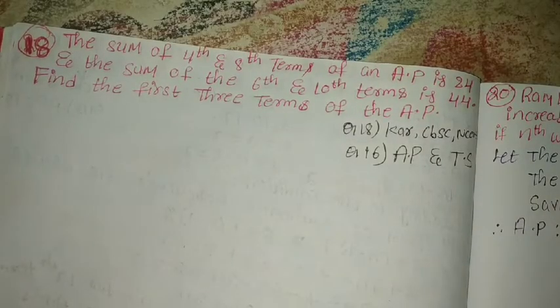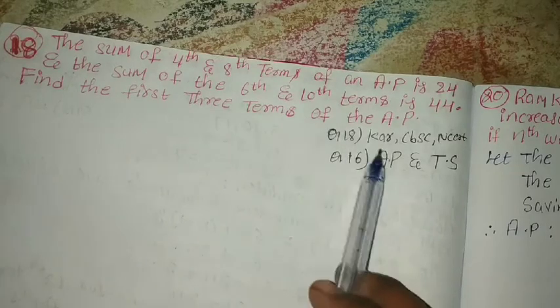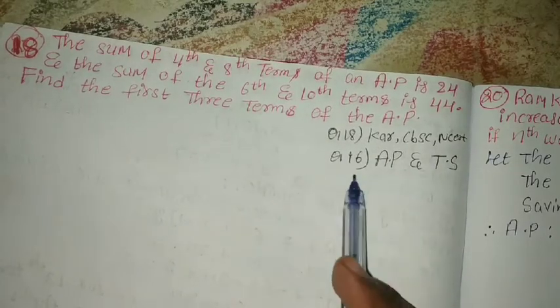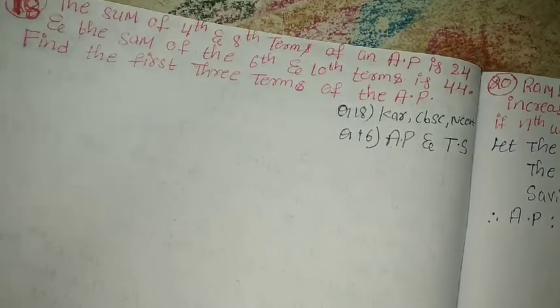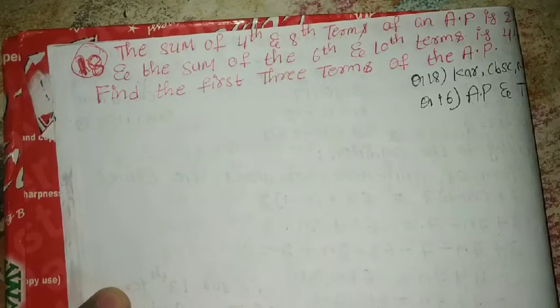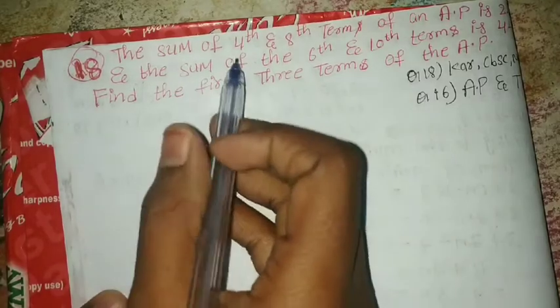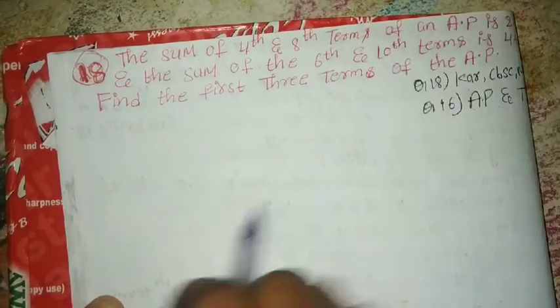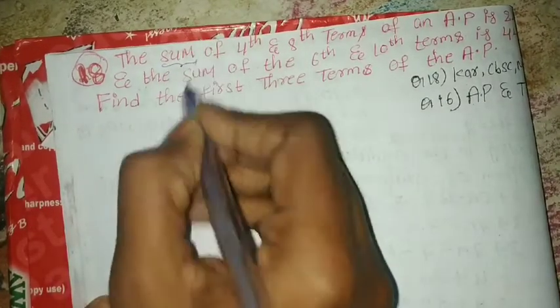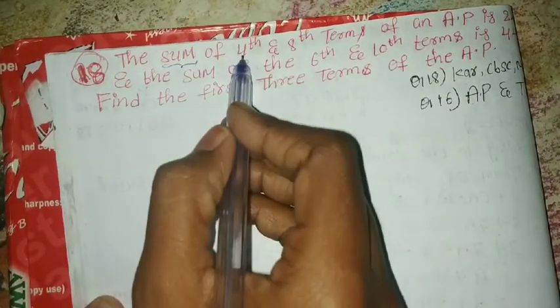This is the 18th question for Karnataka and CBSE NCERT, but question number 16 for Andhra Pradesh and Telangana state students. Okay? See, it's a very easy question. The sum of the 4th and 8th term of an arithmetic progression is 24. Sum means adding the 4th and 8th term.